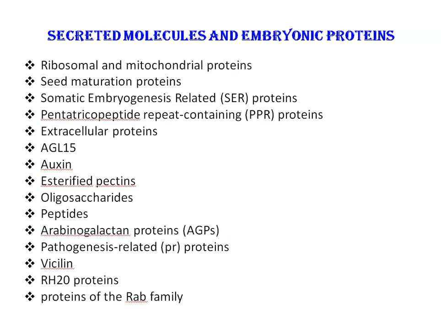So it has been hypothesized that this PR protein accumulating in the culture medium may be responsible for degradation of the callose in the cell wall of embryonic cells. Other molecules like vicilins, Rs20 proteins, proteins of the RAB family.